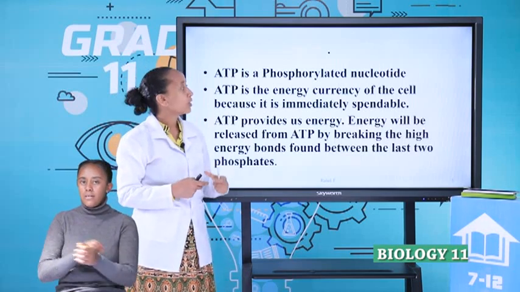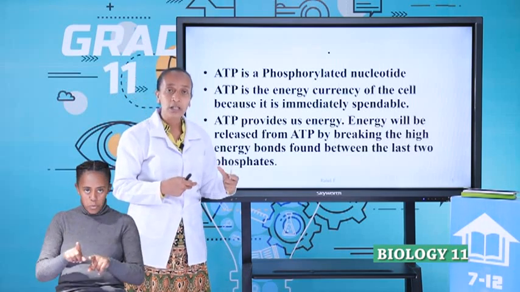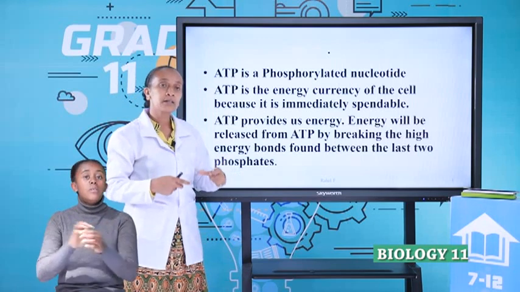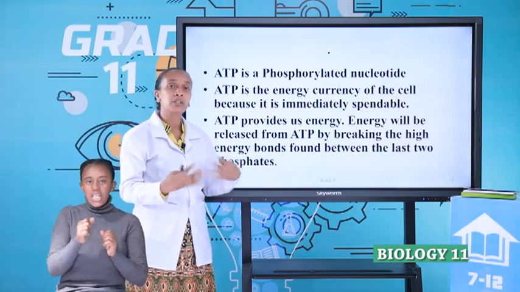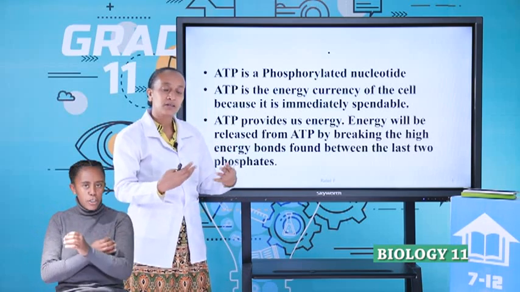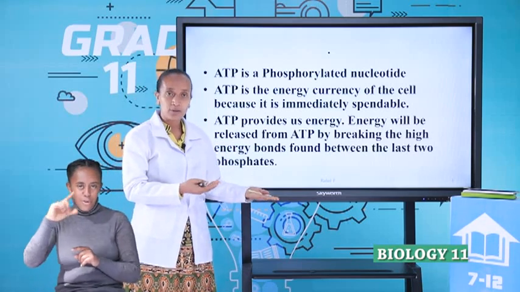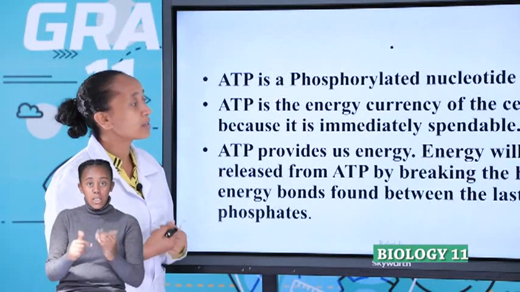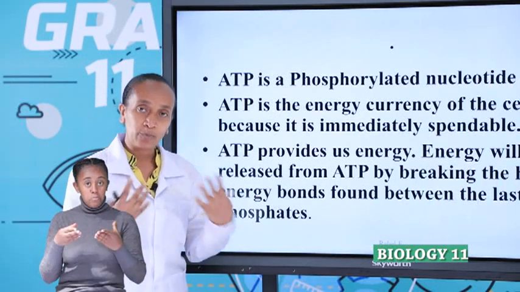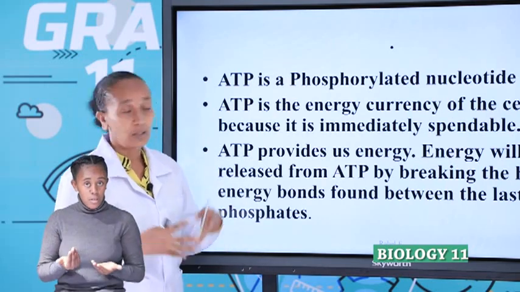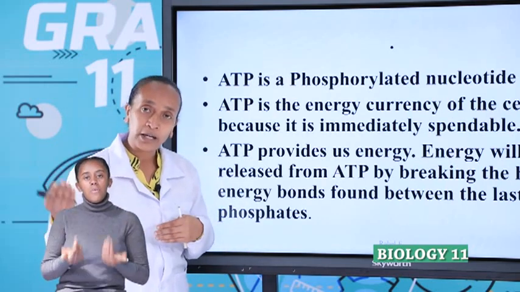To make it clear, when we say energy currency of the cell, it means that cells can use ATP immediately when they need energy for different metabolic processes. That's why it is known as energy currency. Let me give you one example. You may have money in your pocket or in the bank.